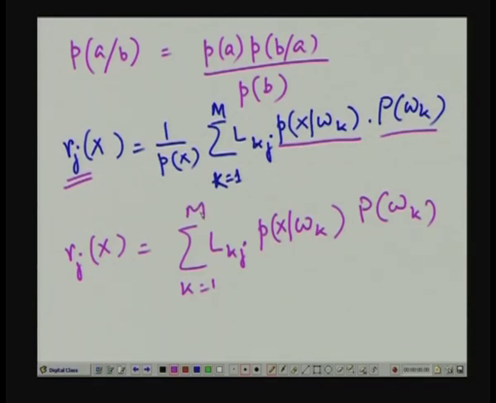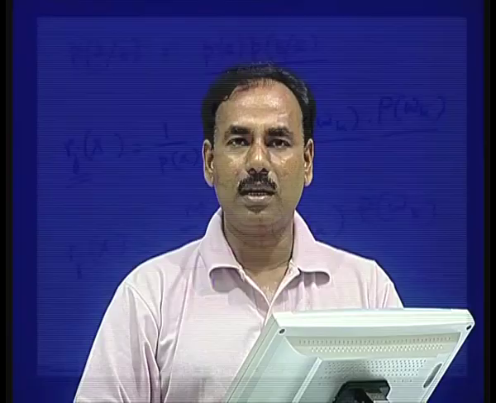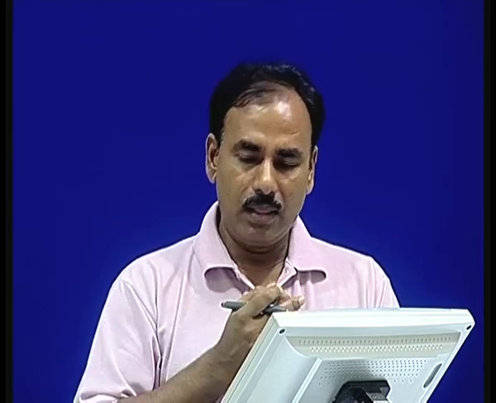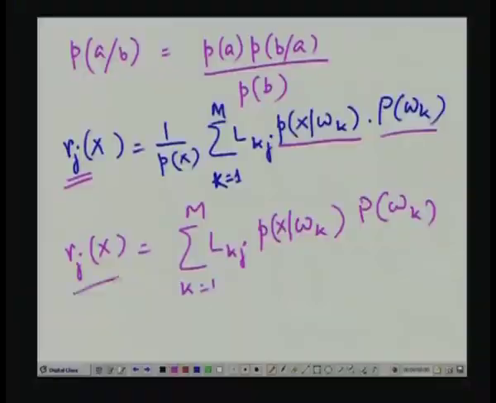As we have said, the job of the classifier is to take the decision for which the average loss is minimum. So the classifier will assign this vector x to a particular class i for which this loss function R_i(x) will be minimum.